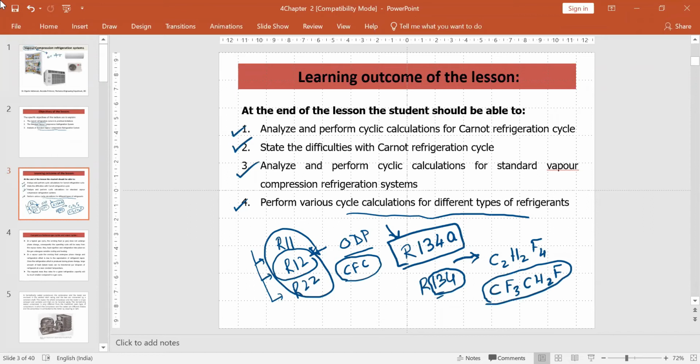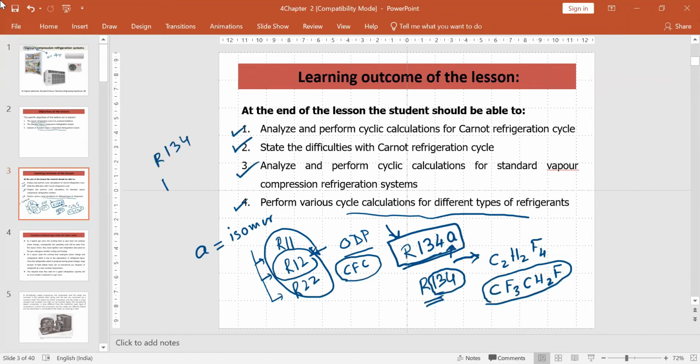Now the next one, here we are writing a. Whether R134 and R134a are the same? Generally the letter a is used for an isomer.